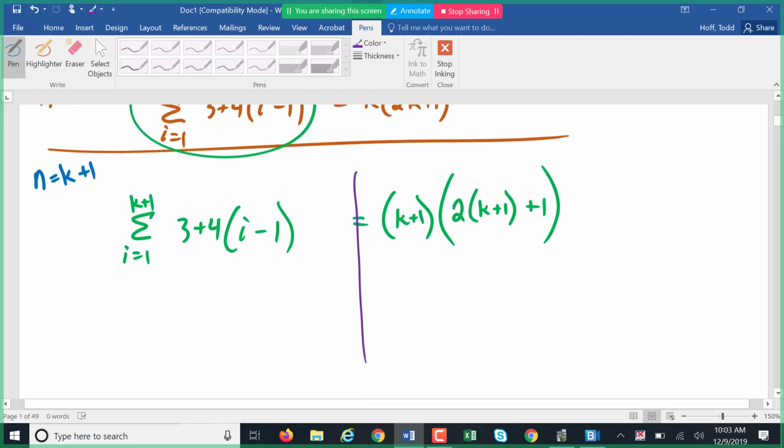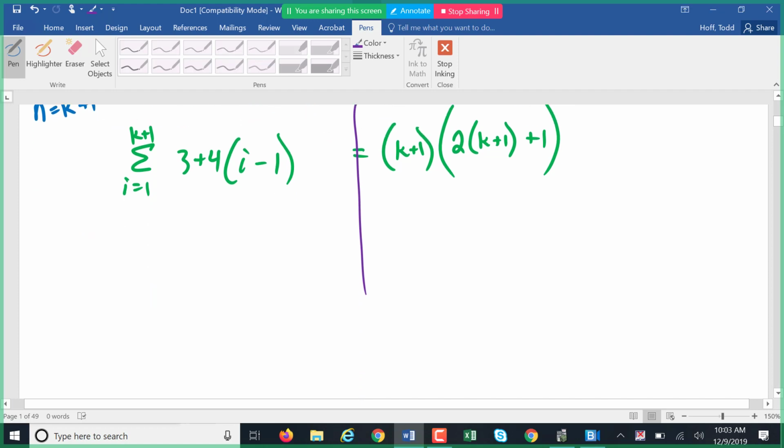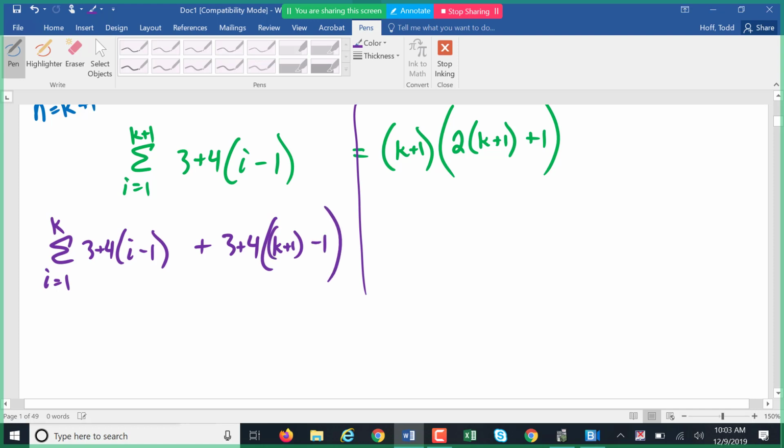So on the left side, I'm going to work through this algebra first, just like we did before. I'm going to separate this into i equals 1 to k again of 3 plus 4 times i minus 1, plus that k plus 1 term, which is just 3 plus 4 times, instead of i, I put in k plus 1 minus 1.